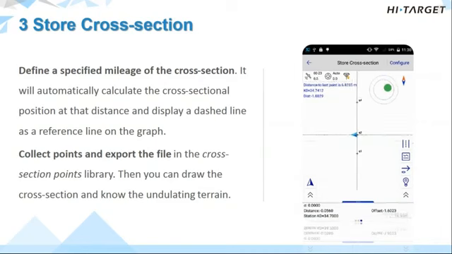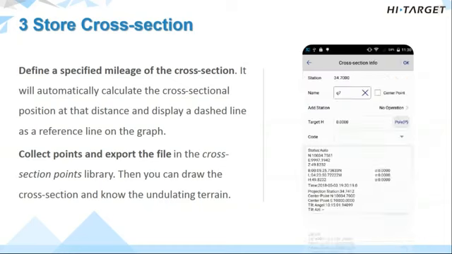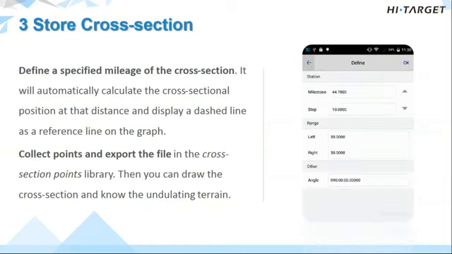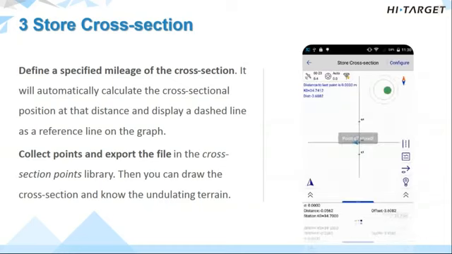And maybe someone will ask why you need to do the third step, store cross-section. Cross-section is one step for us to know the undulating terrain. We can collect points and export the file in the cross-section points library.